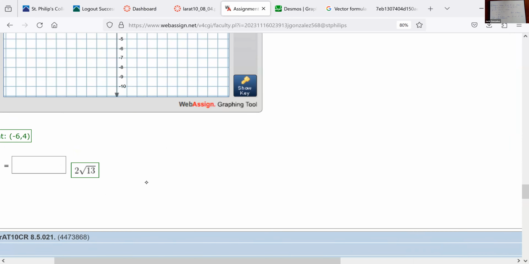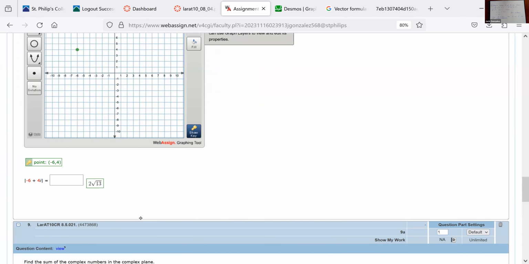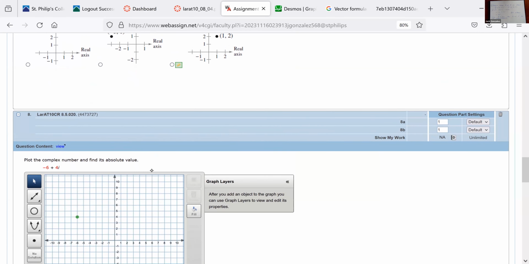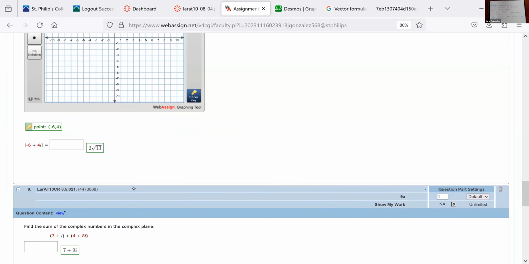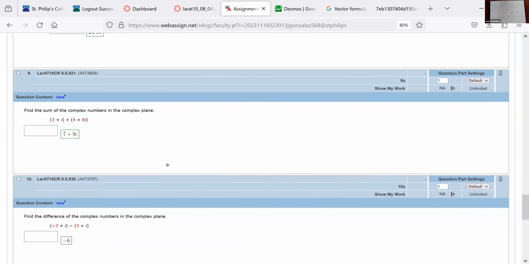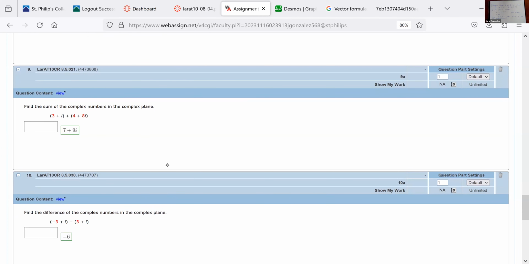Any questions on graphing or finding the magnitude? No, that makes sense. I think that's pretty straightforward. Okay. Super simple sections. I'm hoping this last test is kind of chill.